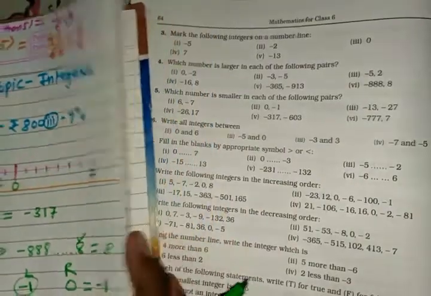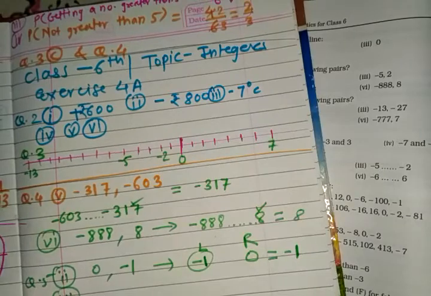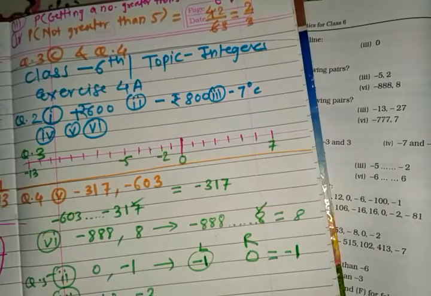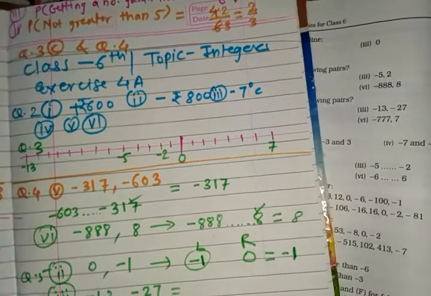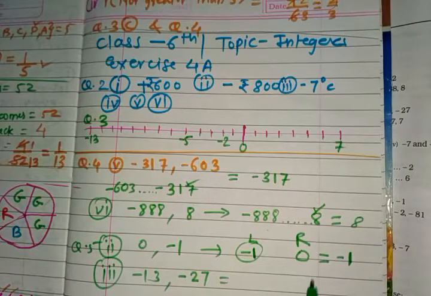Again we will take minus 13 and minus 27, the third problem. Minus 13 and minus 27. Again let's decide which number is lying to the left and which to the right.